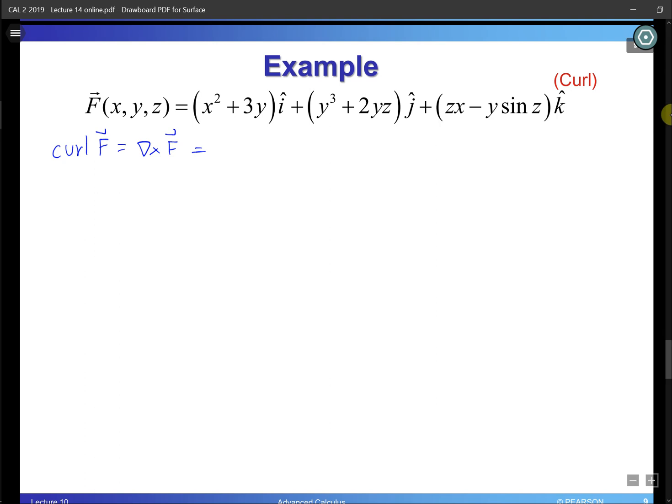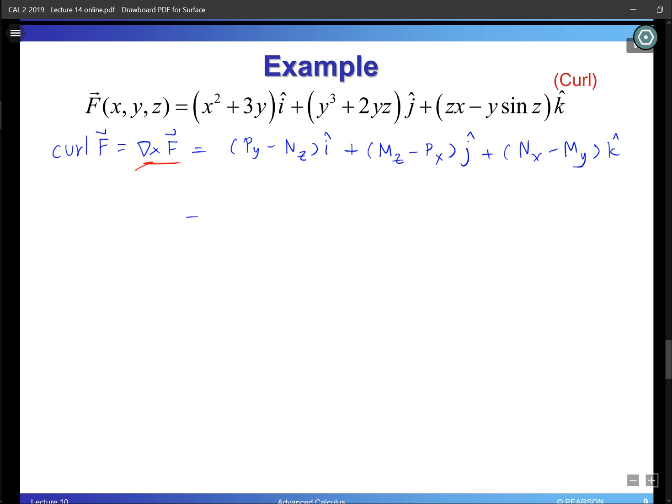This is equal to P with respect to Y minus N with respect to Z, i. Once again, this is a cross product, so it has to come out to be a vector. Next, M with respect to Z minus P with respect to X, j. Last component, N with respect to X minus M with respect to Y, k.